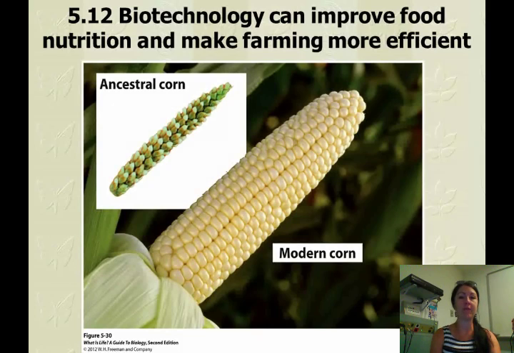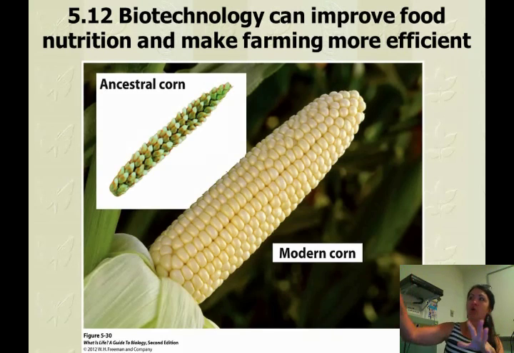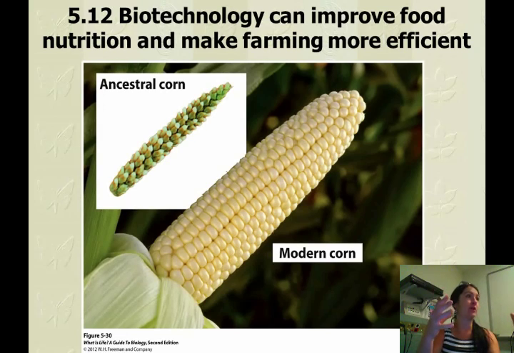I bet everybody, as you eat your breakfasts or your lunches, almost can't go a whole day without eating some kind of corn product. Not only corn in its own form, like corn kernels, but corn that's ground up and put into meats to make it bigger. So you might have a little meat patty, and then they take the corn and make the meat patty bigger.